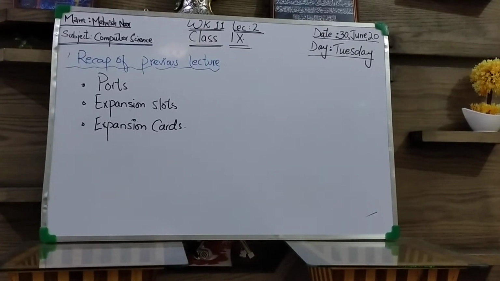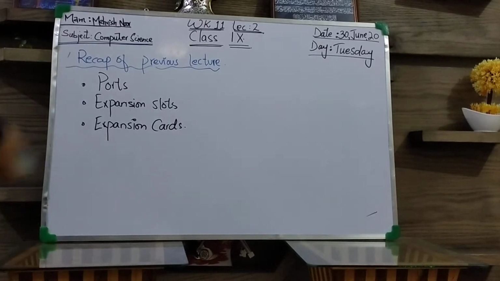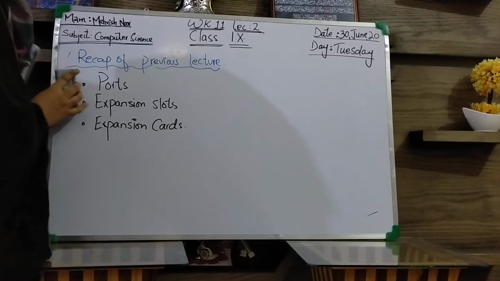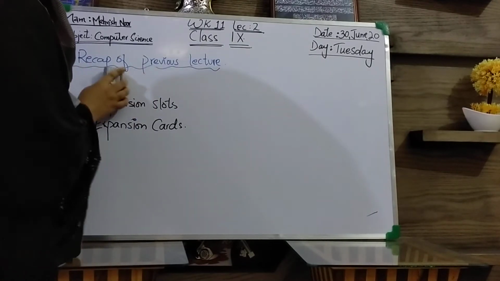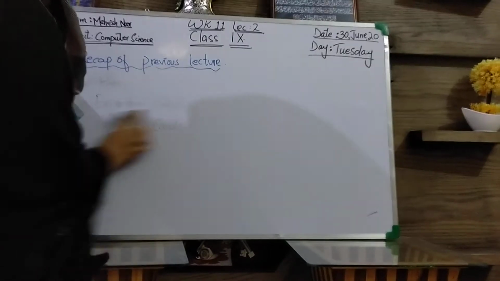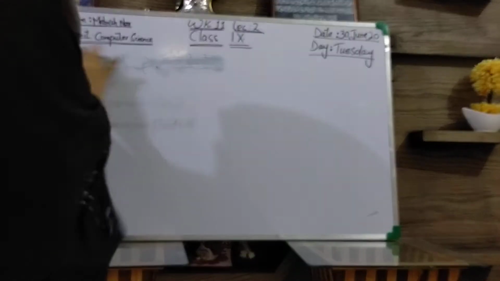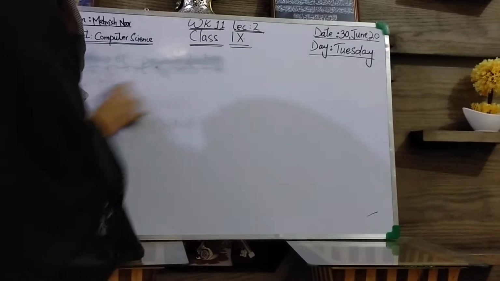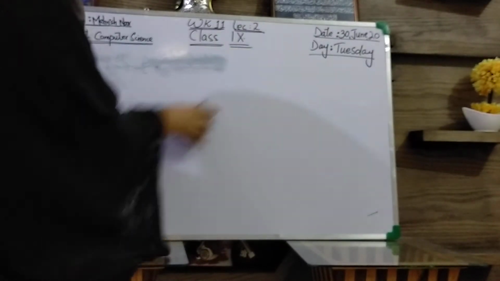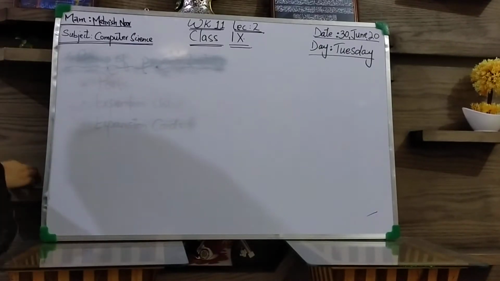Now today's topic is basic operations of computer. What are the basic operations of computer? Now I am removing this and going to tell you girls what are the basic functions of computer.